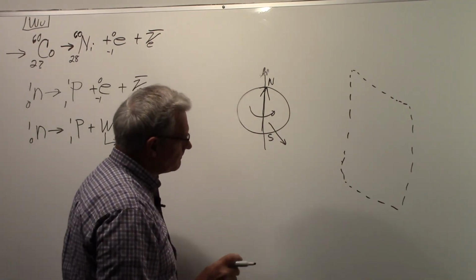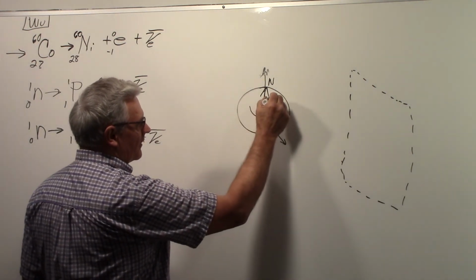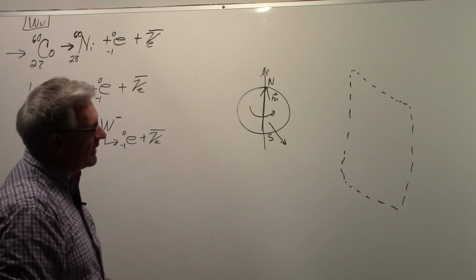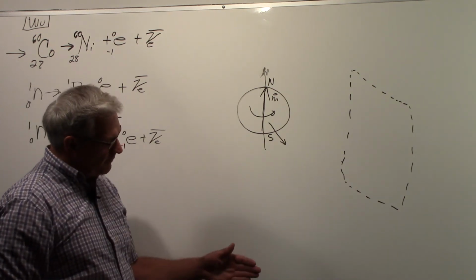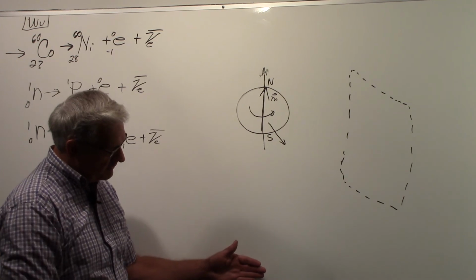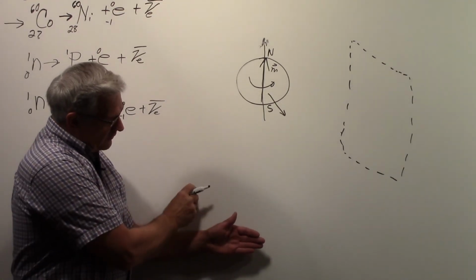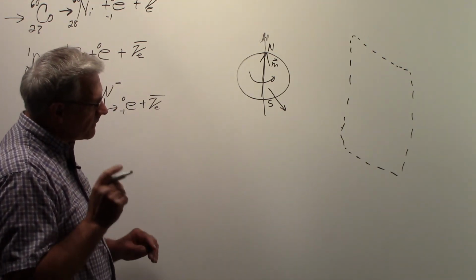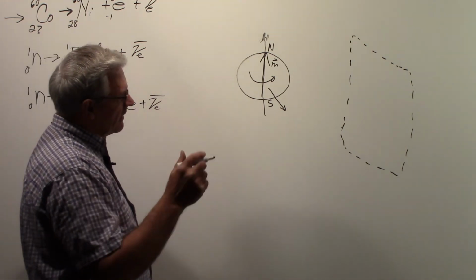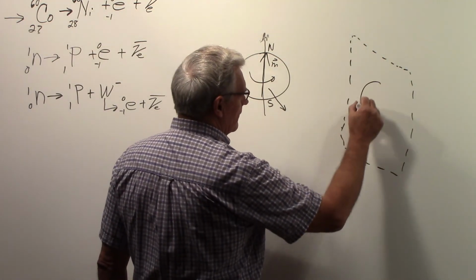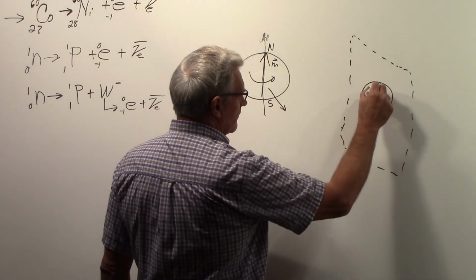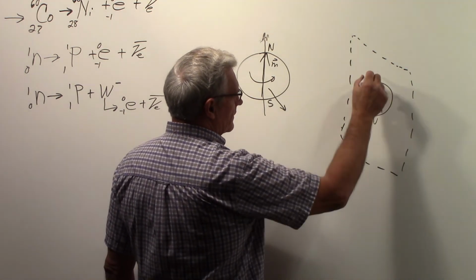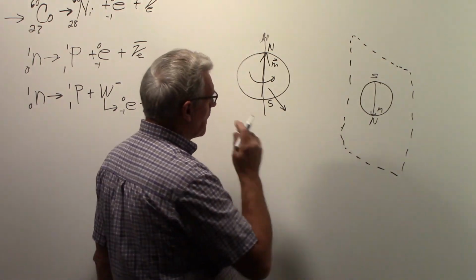What would we see? The magnetic moment here is a pseudo-vector, so it transforms differently than real vectors do. If my arm is a real vector, I look in the mirror, say the board's the mirror, and I see my arm pointing in the same direction. A pseudo-vector is opposite. So in a mirror, we would see the magnetic moment pointing down. So this would be the north pole, this would be the south pole, roughly speaking.